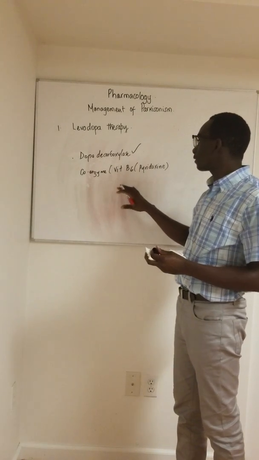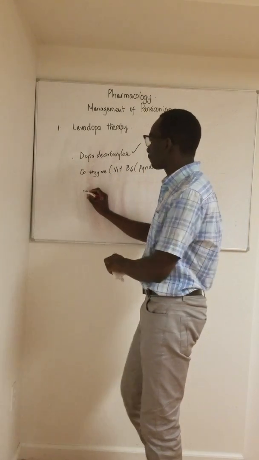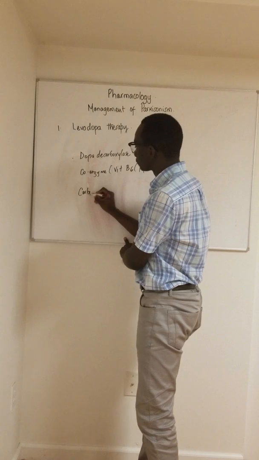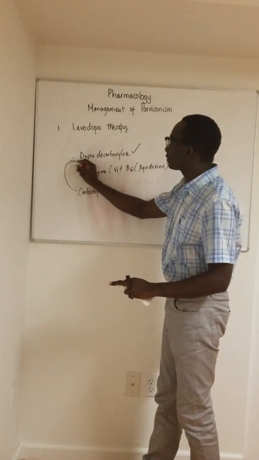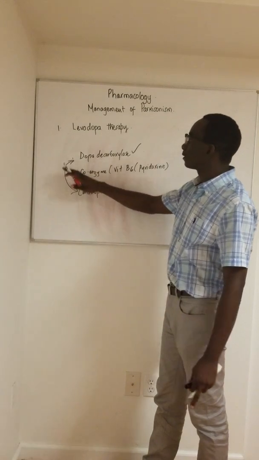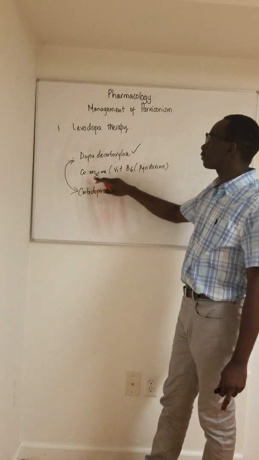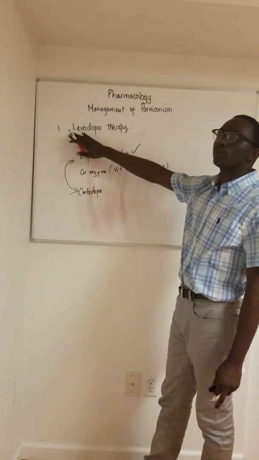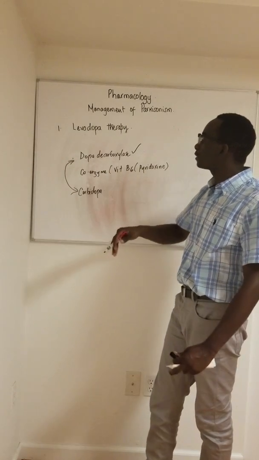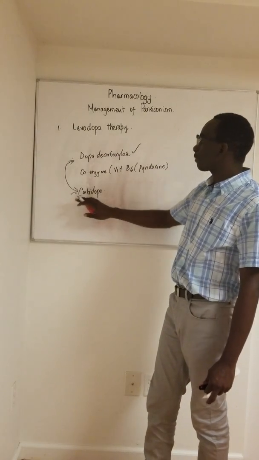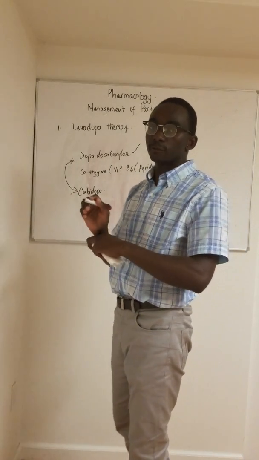But this is a bit minimal, because since we have carbidopa, as we've seen, carbidopa inhibits this enzyme, so we do not have to worry much about the effect of this coenzyme on breaking down of levodopa, since carbidopa will fill up that gap. So therefore, we've seen how levodopa and carbidopa together play a role in management of Parkinsonism.